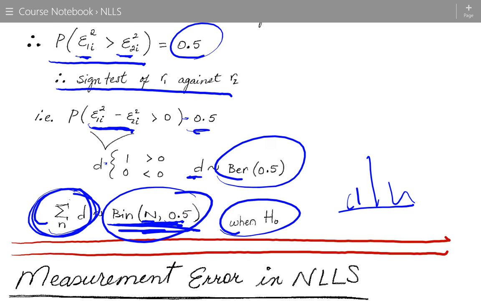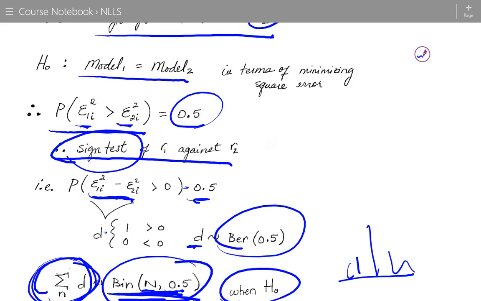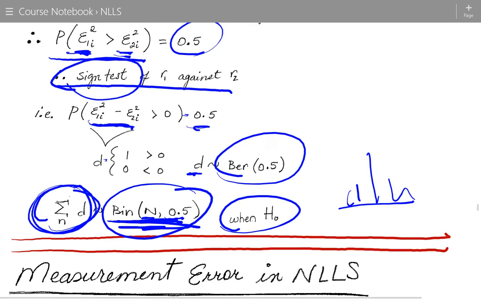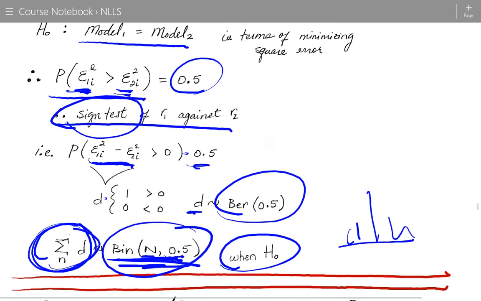And this is really what a sign test does, so you can do this in Stata by just typing sign test, and you can put in the residuals squared. This really is, in my experience, a very nice test. These do not have to be nested models. This is what's nice about it. They don't have to be nested models. It's also the same type of test that we use for comparing models in maximum likelihood as well.